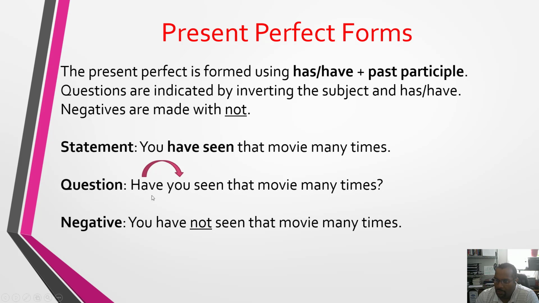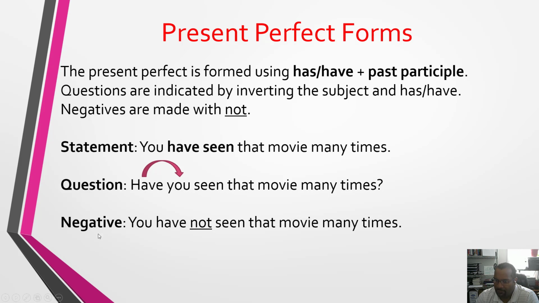Question. In the question, remember, we flip the subject and has or have, right? Depending on who you're talking to or about. For instance, have you seen that movie many times? Okay. See how we flipped have you? Before it was you have. Now it's have you. Have you seen that movie many times?